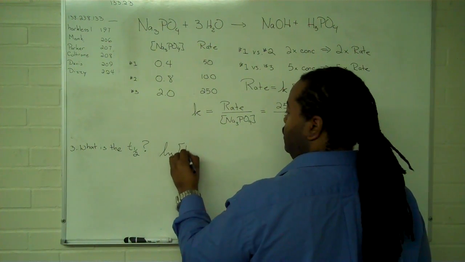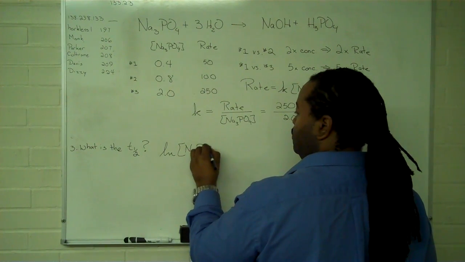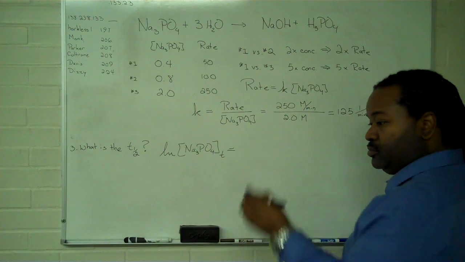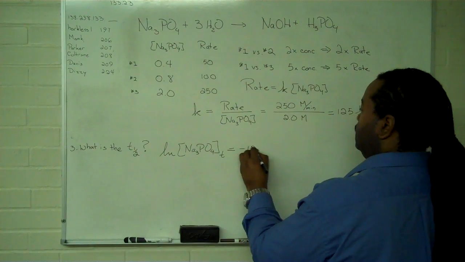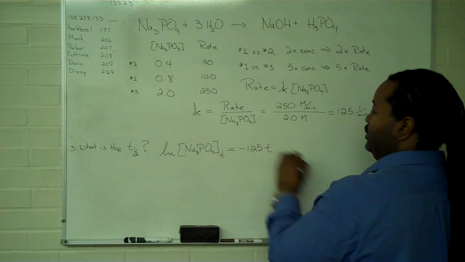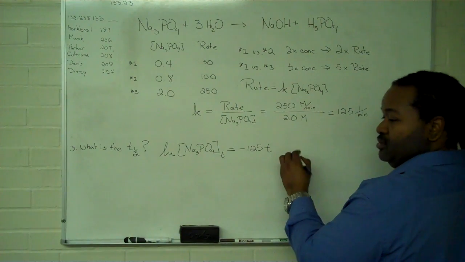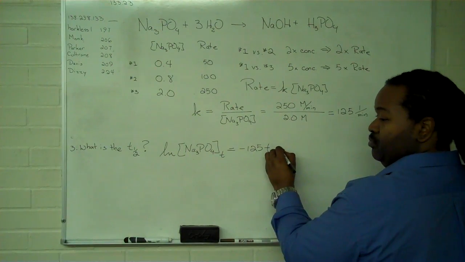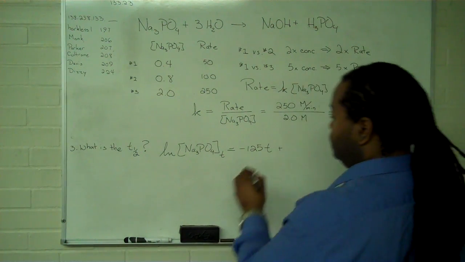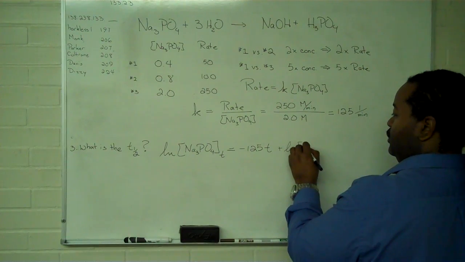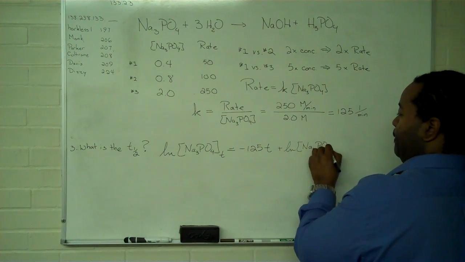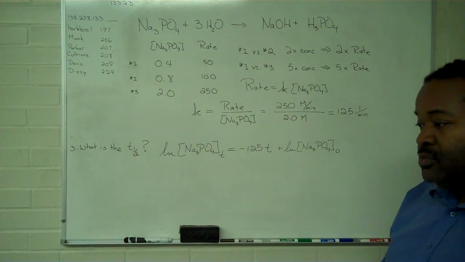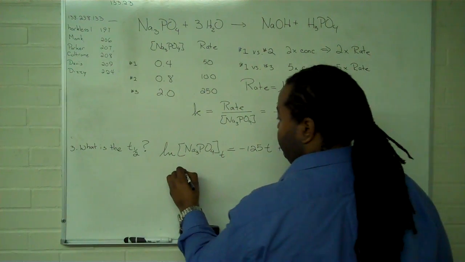The natural log of our concentration at time t will be equal to negative kt, so we have 125 times time, and that's all in minutes, plus the natural log of our initial concentration at time 0.